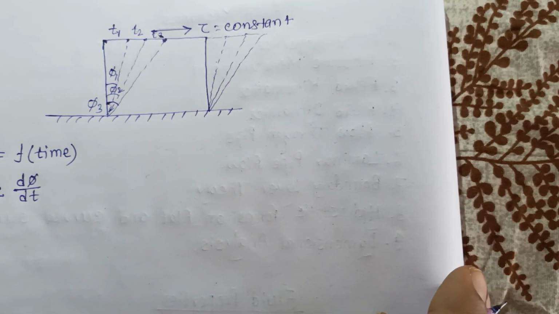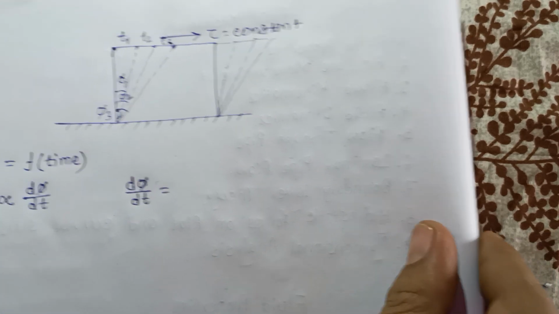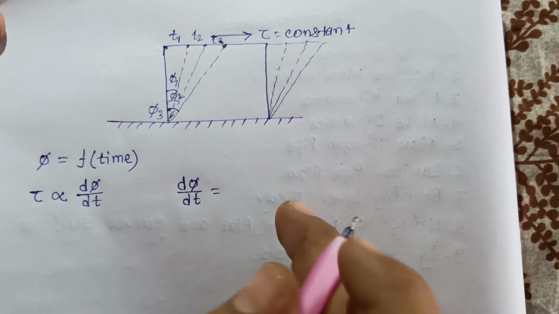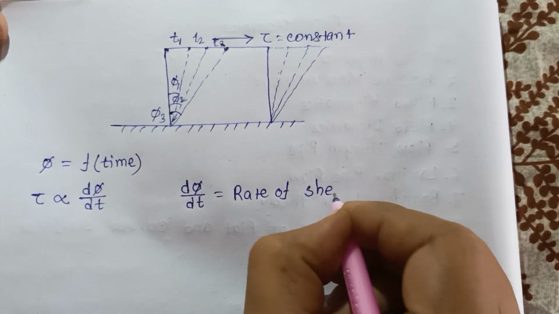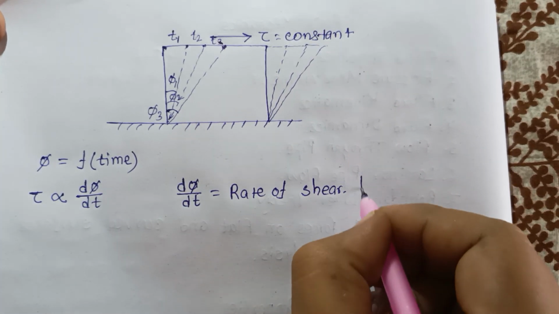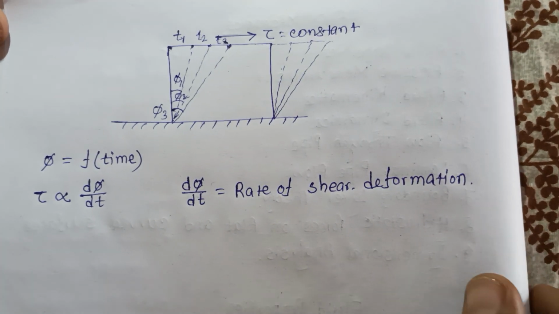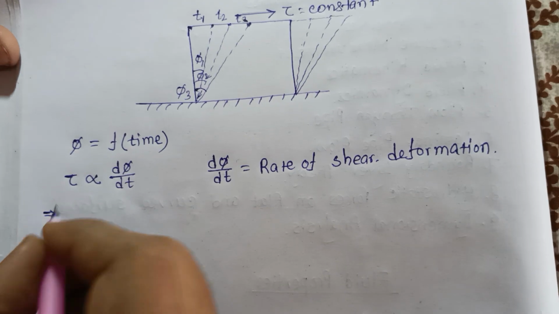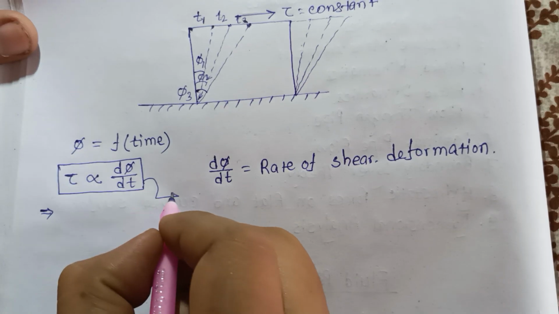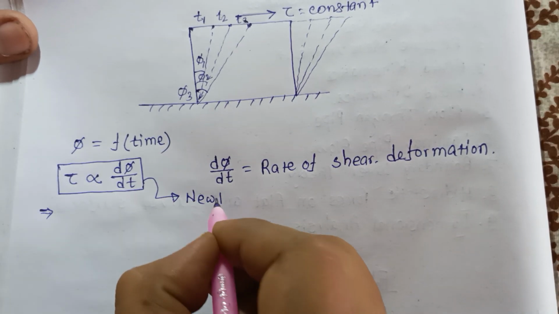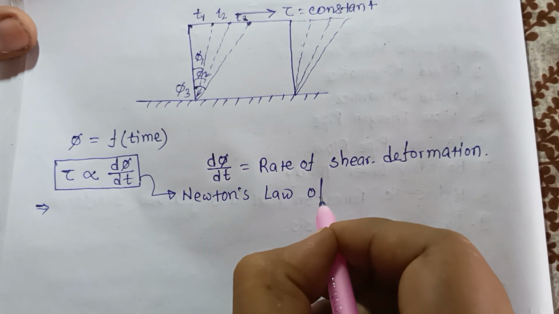Here d phi by dt is the rate of shear deformation. This is Newton's law of viscosity.